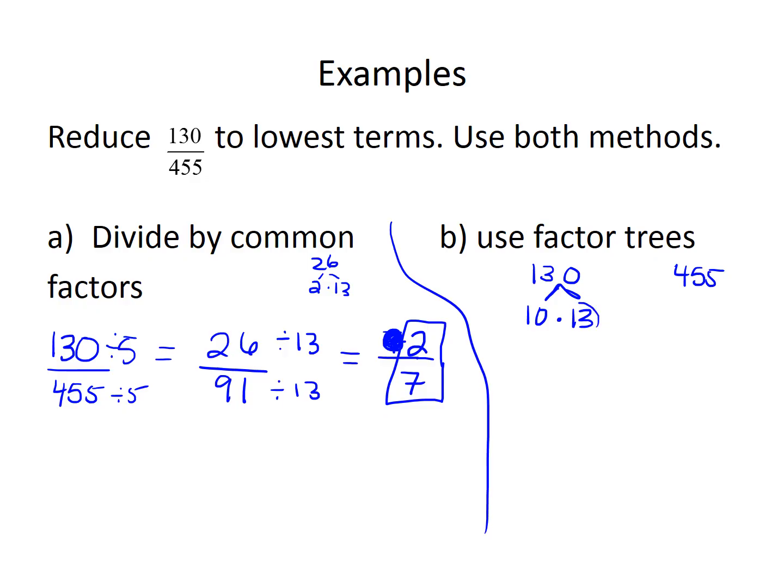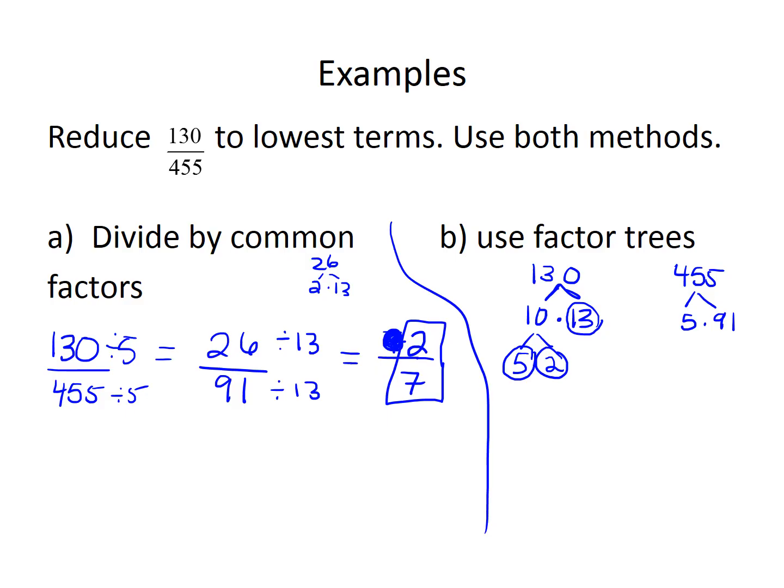And then remember, when you get to where it's prime, it doesn't break down any further. You circle it, and 10 is 5 times 2, and neither one of those breaks down any further. Then you do the same thing with 455.